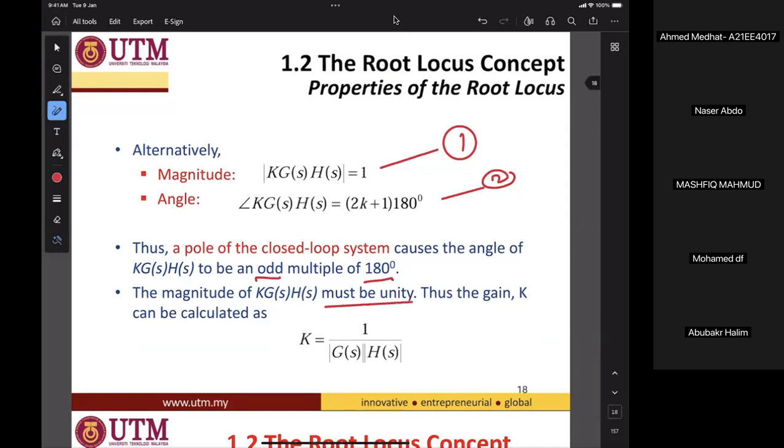So from equation 1, if we take K outside and bring GH to the right, you will get the gain formula, which is K equals 1 over the magnitude of G(s) and H(s).